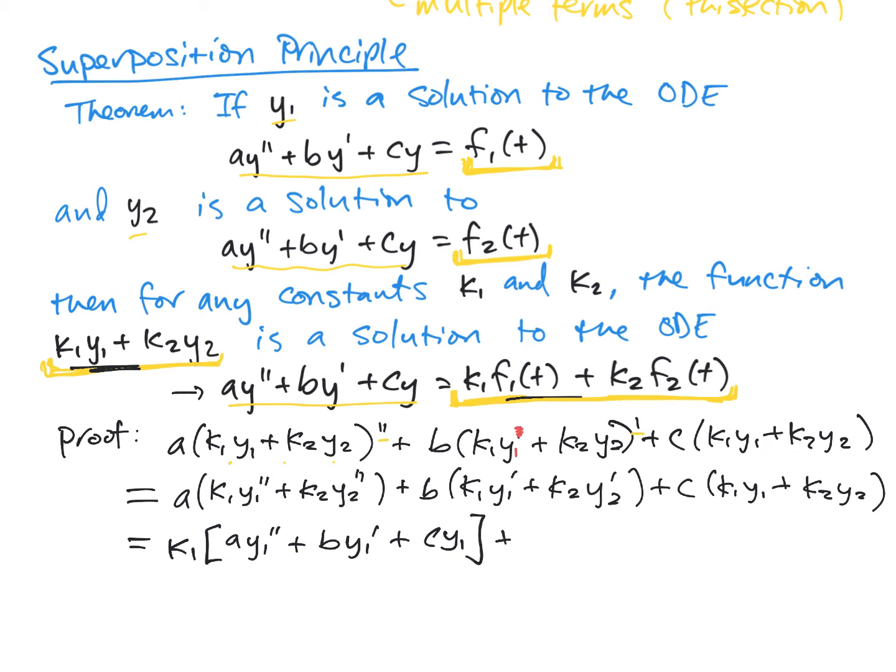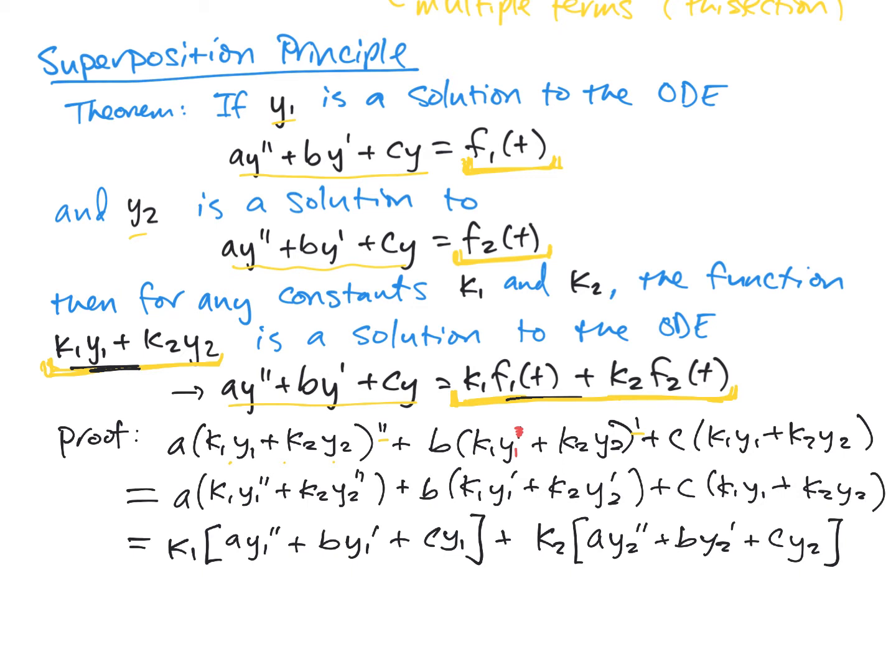So those are all the k1 terms, and then we get a k2, and then the same thing but with y2. So a y2 double prime plus b y2 prime plus c y2.